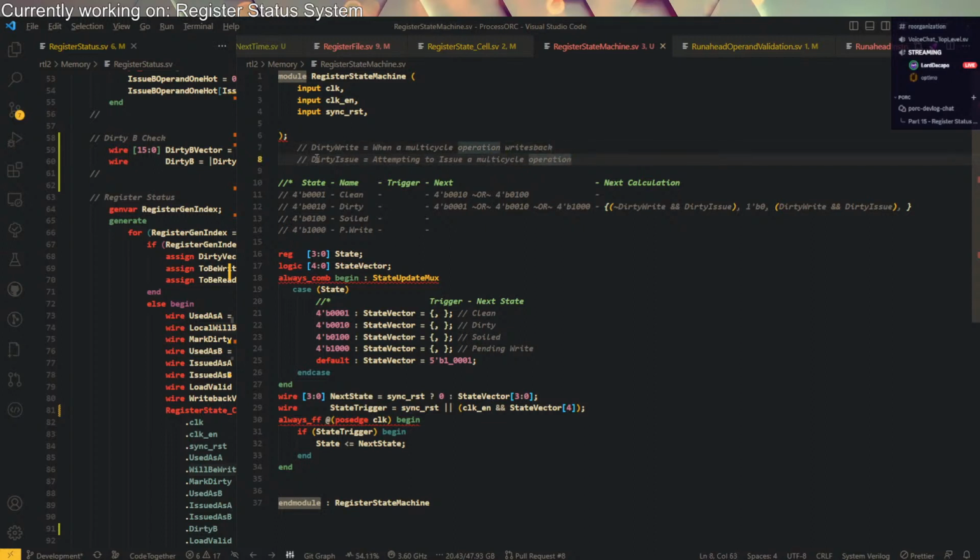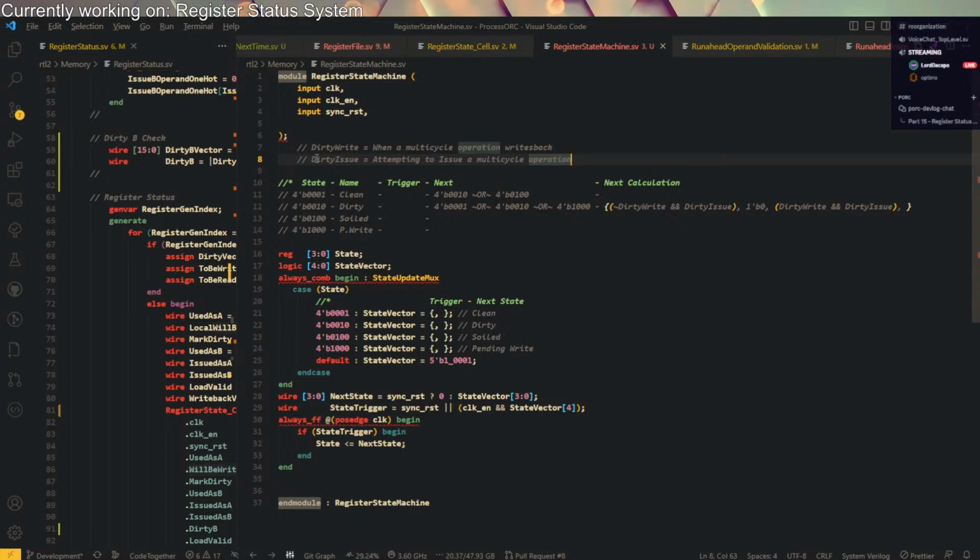So if you're attempting to issue on the same cycle you're writing, yeah, that's fine because the forwarding unit will catch that value. Even though you'll have the wrong value on hand here, the next cycle the forwarding unit will catch you, so you're fine.